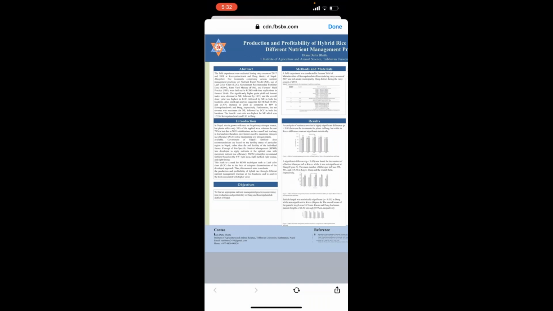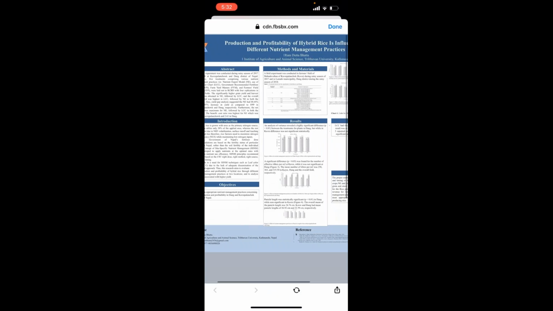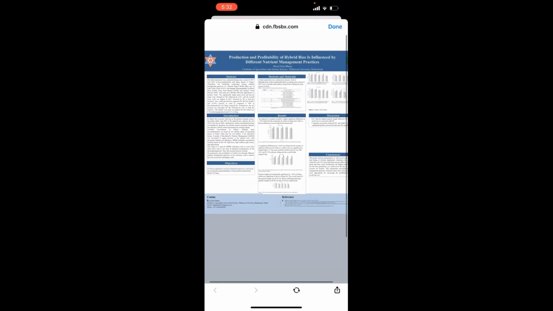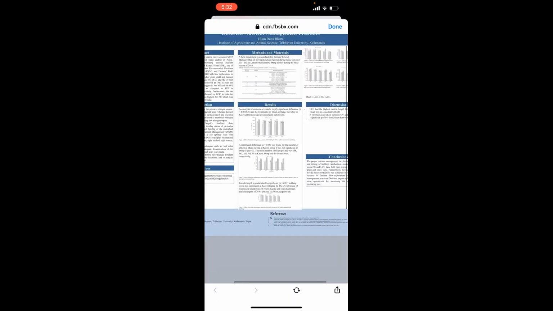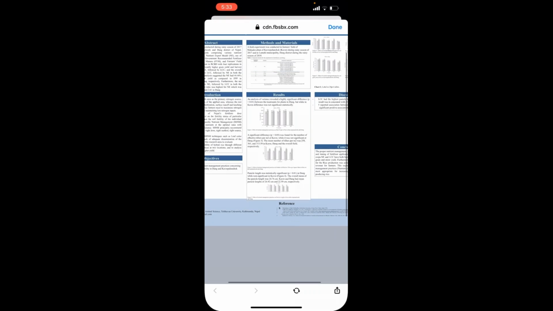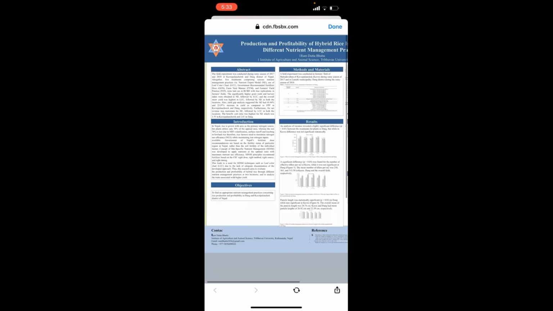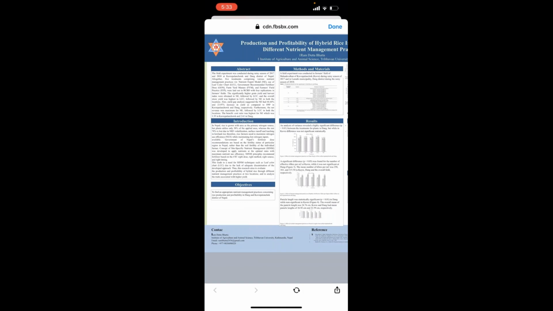Please make it full screen. Your screen is zoomed out and we can't see the presentation clearly.